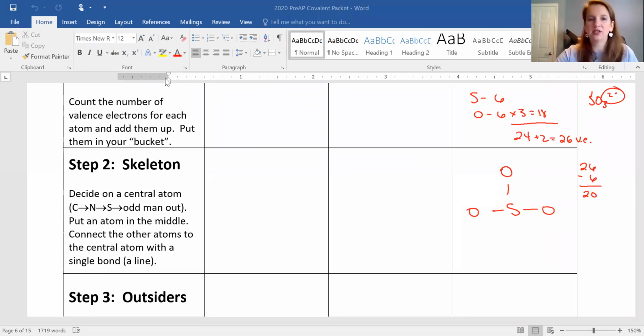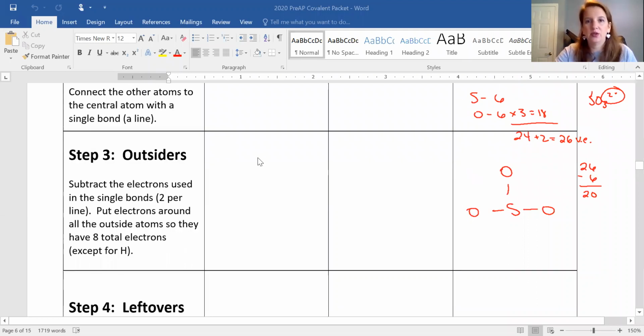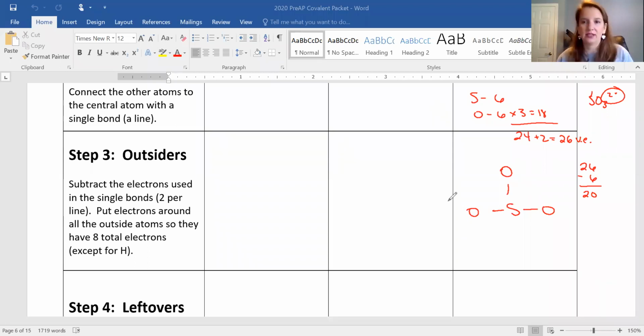So recreate that for step 3, the outsiders. We're going to put these electrons around the outside of our structure to make the outsiders happy. So we have 2, 4, 6, 2, 4, 6. They only need 6 dots because each one's connected by a line that represents 2 electrons.